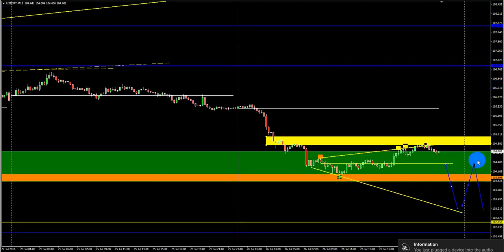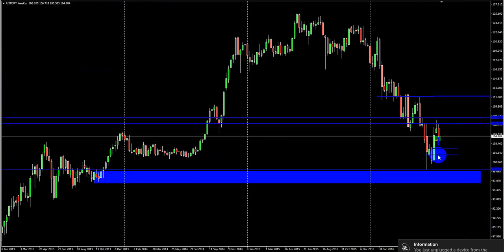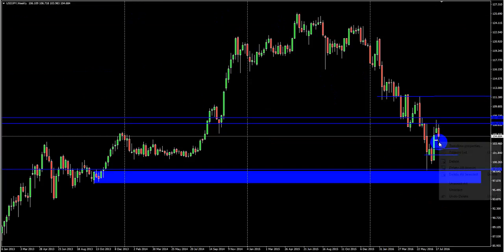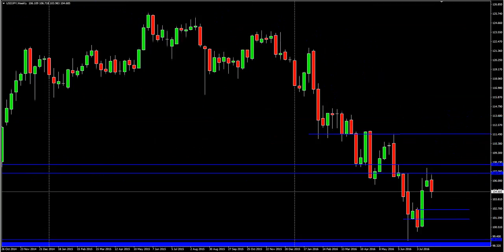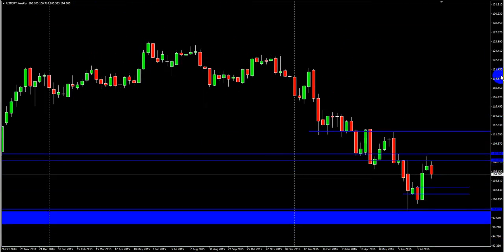All right, so let's get back to the higher time frame. Let's clean this weekly chart a bit. Okay, and in my opinion, right now, based on what we can see on smaller time frames, if we are talking about the upside, it means that FOMC will not disappoint and Bank of Japan will deliver.